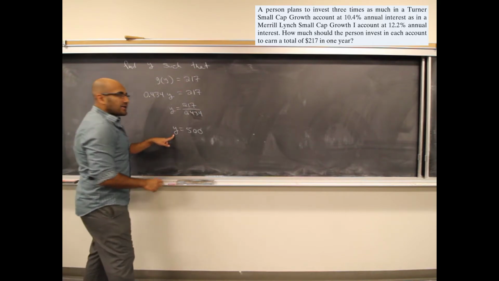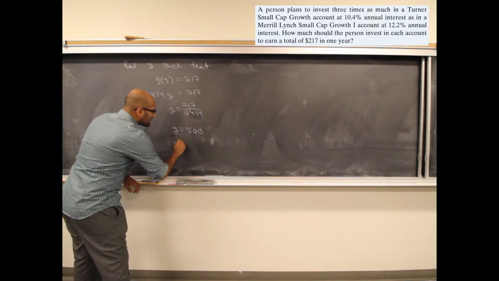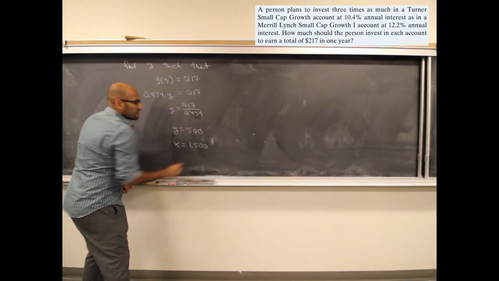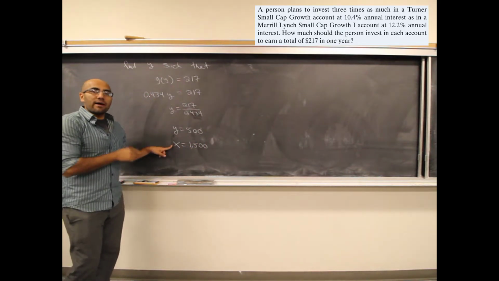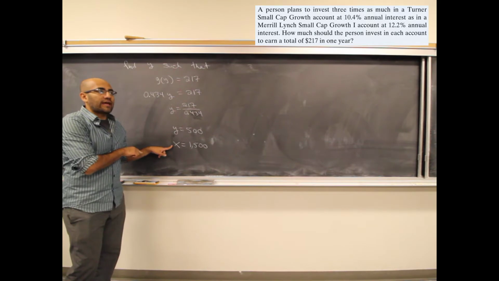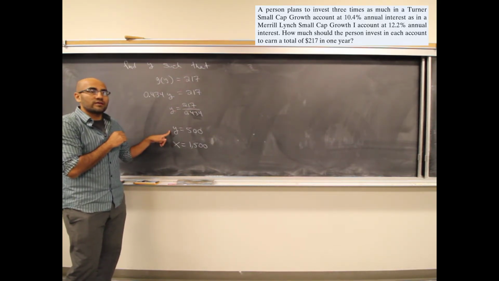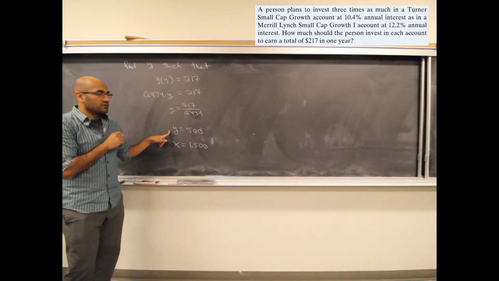Okay, so if y equals 500, then x must be equal to 1,500. Right? Remember, x was the amount of money invested into the Turner account, and we said we're investing 3 times as much into the Turner as we are the Merrill account.